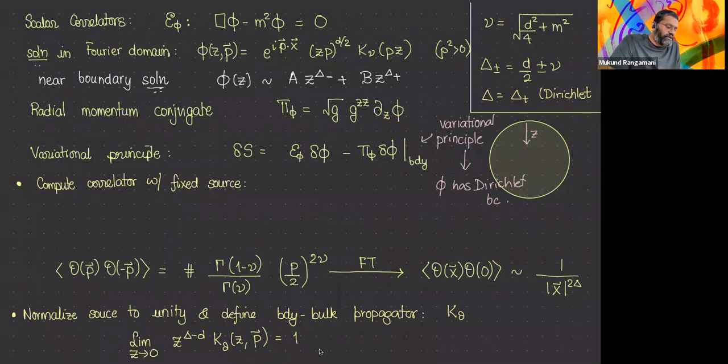That tells me that I have no choice but at infinity to have the slow fall-off mode A times z to the delta minus, which means that the value of the field has to be fixed by freezing A and letting B be determined by the smoothness condition at the origin.